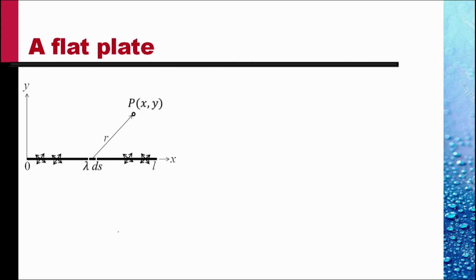We assume a flat plate of length L. Let this be a source panel of a uniform source panel strength of lambda. So lambda is no longer a function of x. Let us consider a small element ds at S and then find out what is the potential at point P at the location xy.